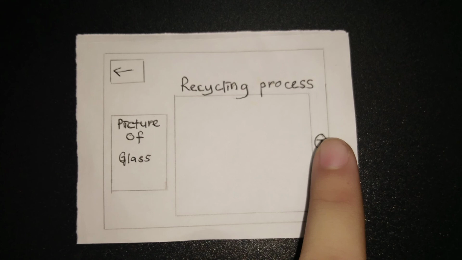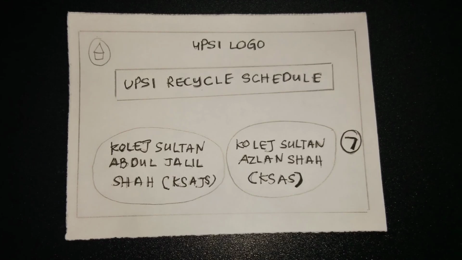And after that, the user needs to click or touch on the next icon, and you can see the UPSI recycle schedule. So in this UPSI recycle schedule, the user has two choices of schedule, which are College Sultan Abdul Jalil Shah and College Sultan Azlan Shah.